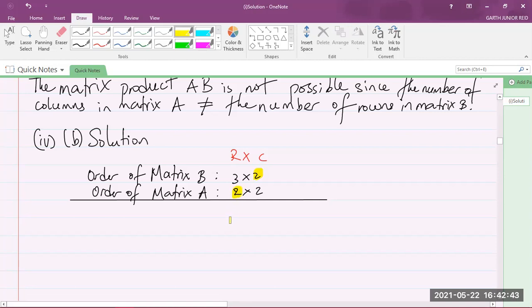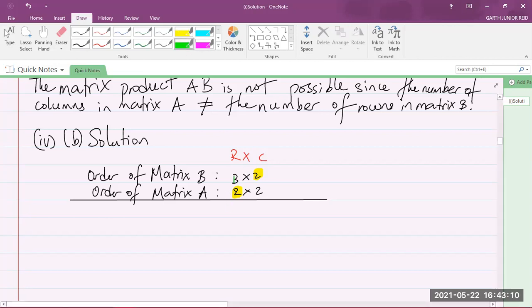Those two values are the same, which means that the matrix product B times A is possible. So the matrices are compatible for multiplication. And remember the question said that we are to state the order of the matrix B times A without calculating. So once those two elements there are equal, then we know that the matrices can be multiplied.